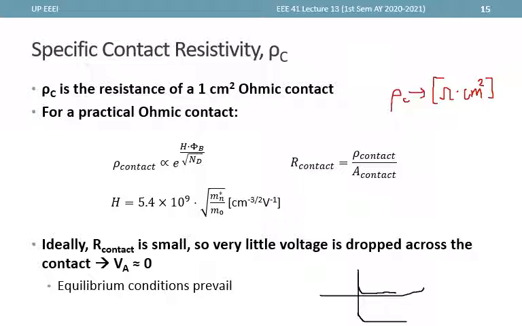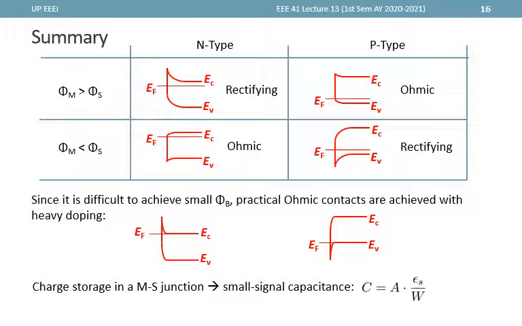To summarize our discussion on MS contacts, we can follow this table right here. This one is the case for ideal MS contacts, where if the device follows the ideal analysis, when Vm is greater than Vs for N-type semiconductors, then we'll end up with a rectifying Schottky diode.